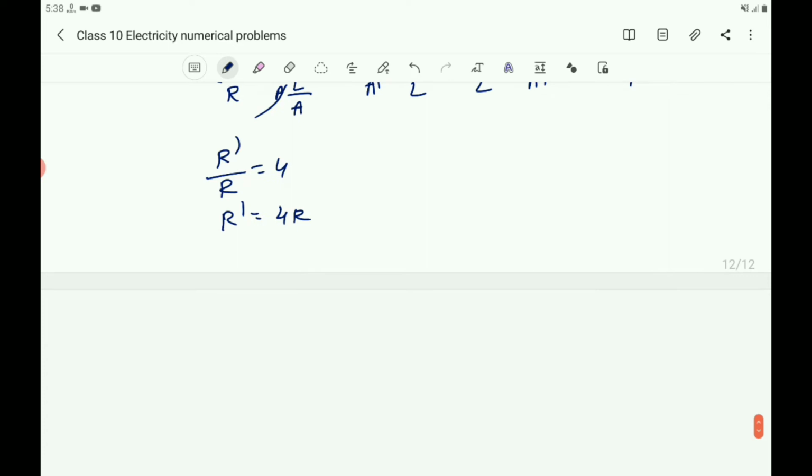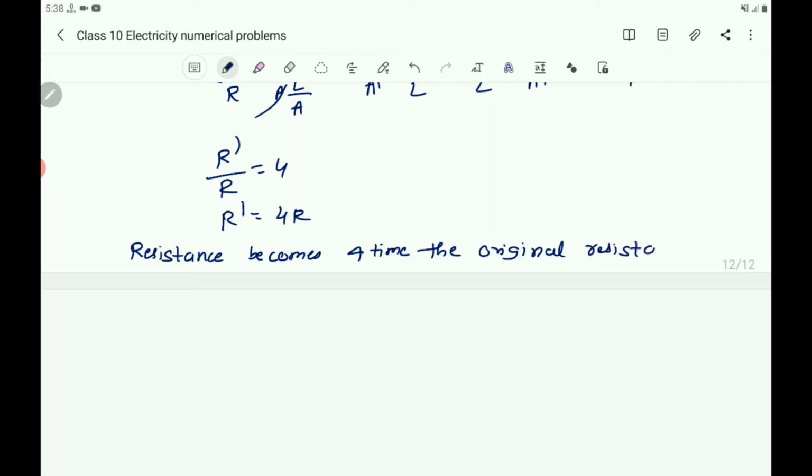That is, the resistance becomes 4 times the original resistance. You got that? You know that as the length increases, resistance also increases. So if it is doubled, its resistance becomes 4 times.